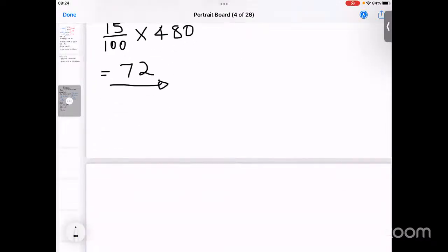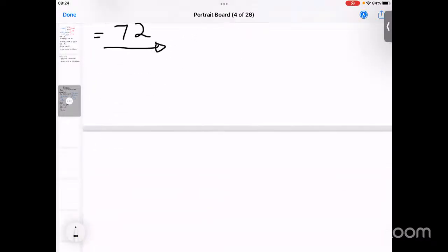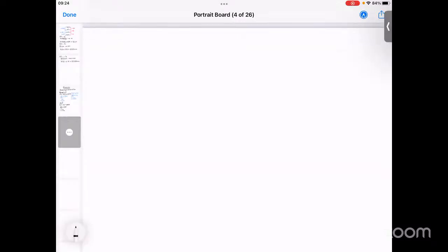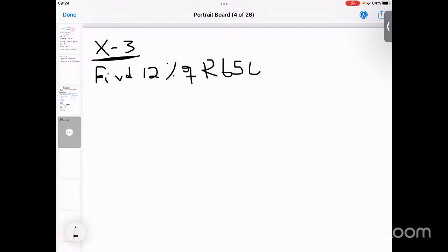Maybe let's do another example. And maybe say this one being example number 3, where you are required to find 12% of, now we are calculating a percentage of money, which is 650.